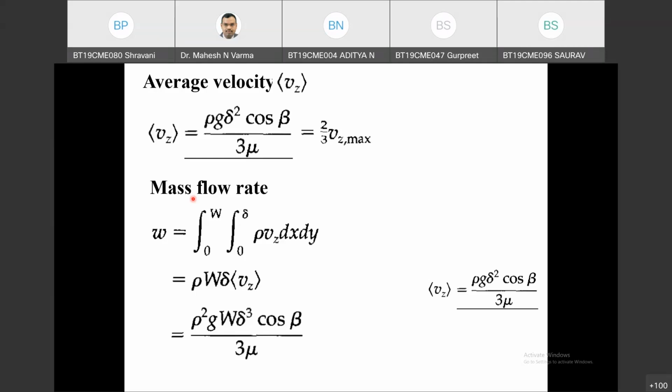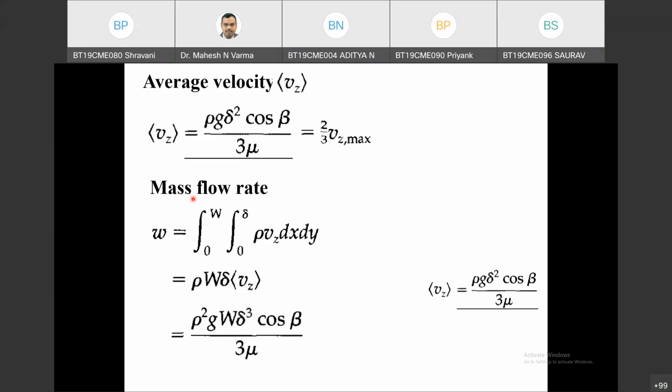Okay. What is the drag force exerted by the flowing fluid on a flat plate? Roll number 90, Priyank. Sir, it is the characteristic area into kinetic energy into friction factor.